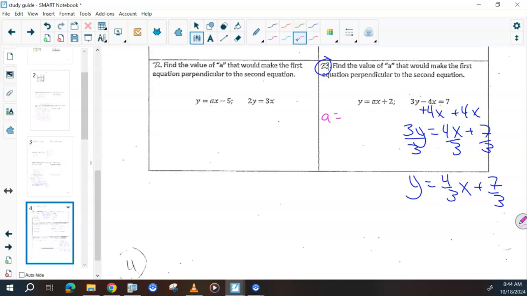I heard negative 3/4. What do you do about the 7? 7 over 3. Nothing. That was just part of the original equation as well.